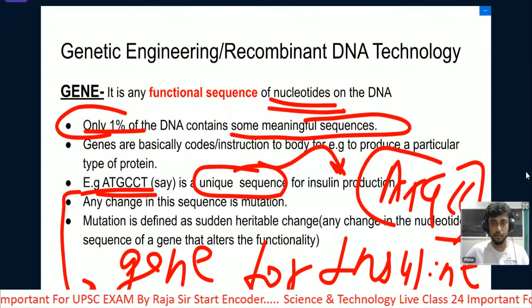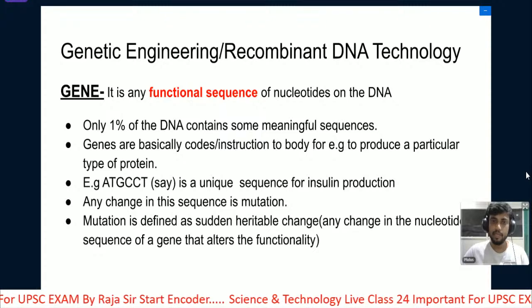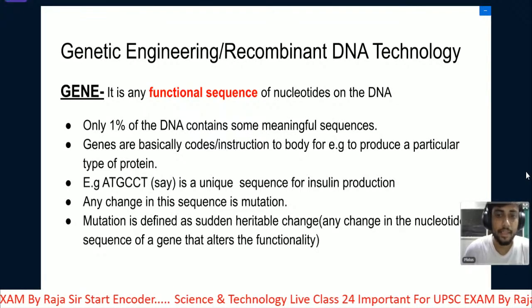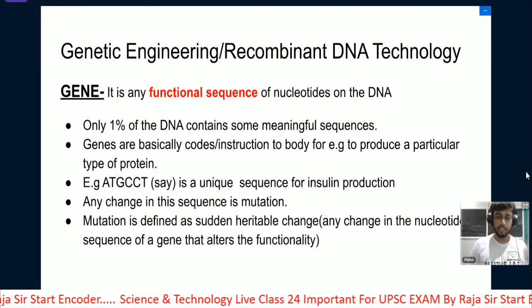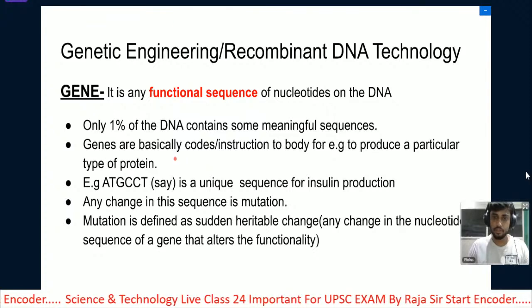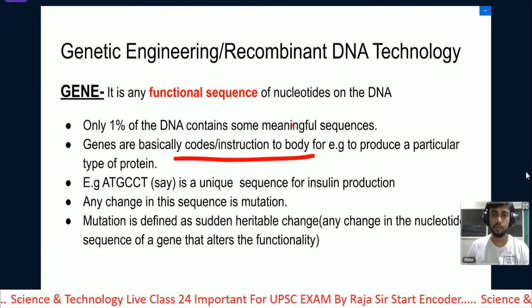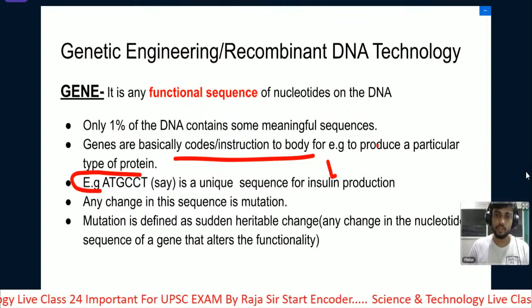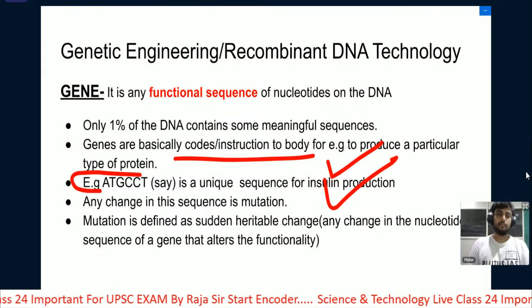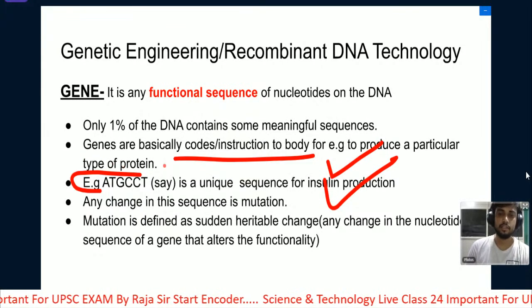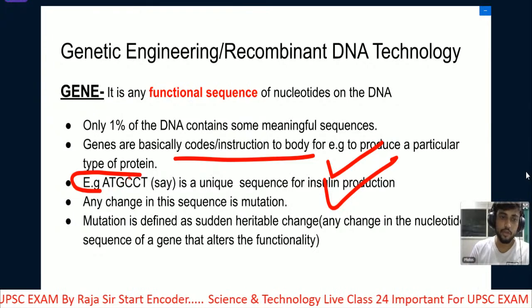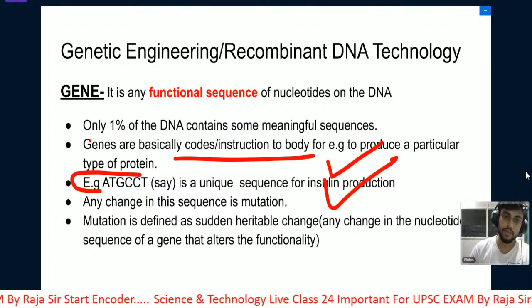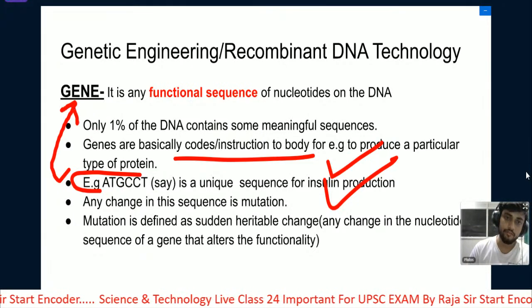Genes are the instructions for particular processes. Like we can have a sequence for the production of insulin, and we will call this functional sequence a gene for insulin.